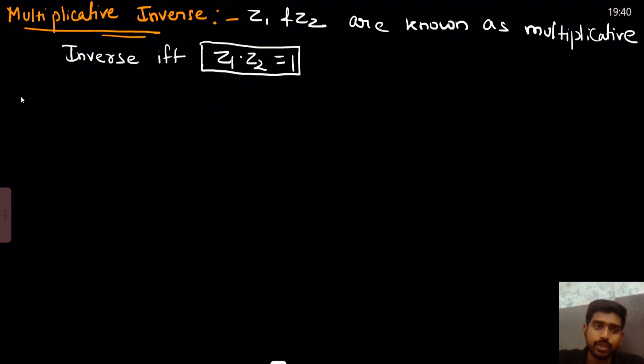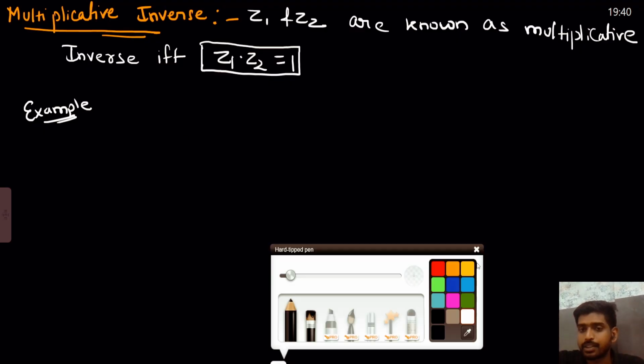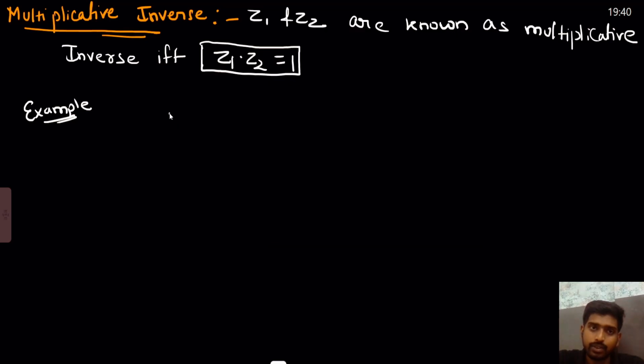Suppose, for example, find the multiplicative inverse of 5 plus 2 iota. I'll assume the multiplicative inverse of 5 plus 2 iota to be a plus iota b.